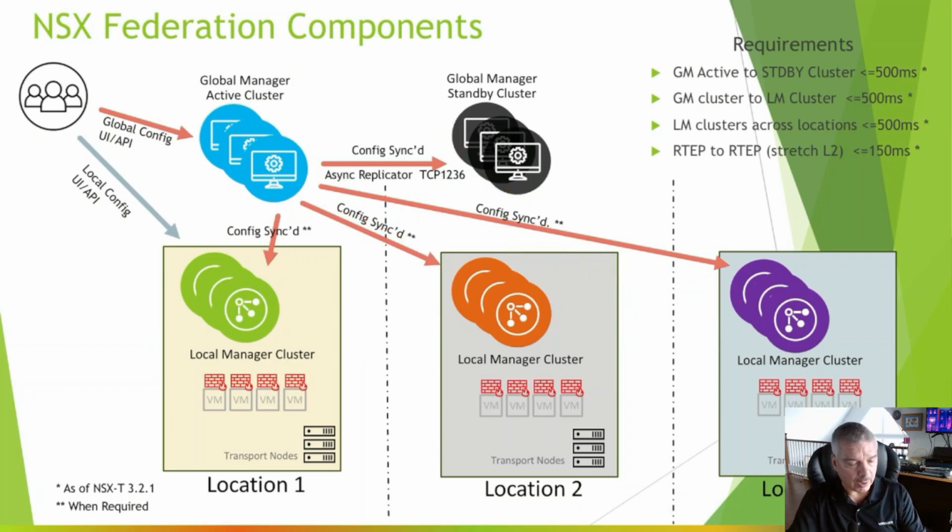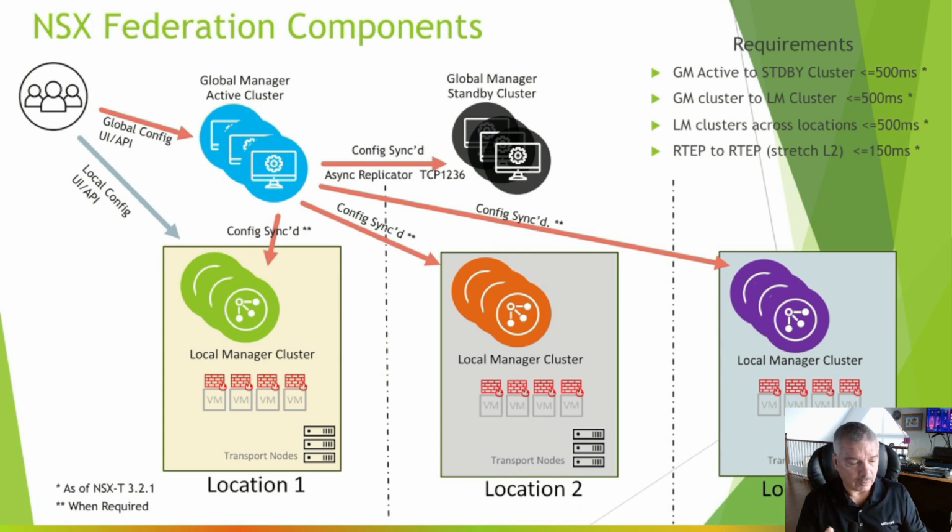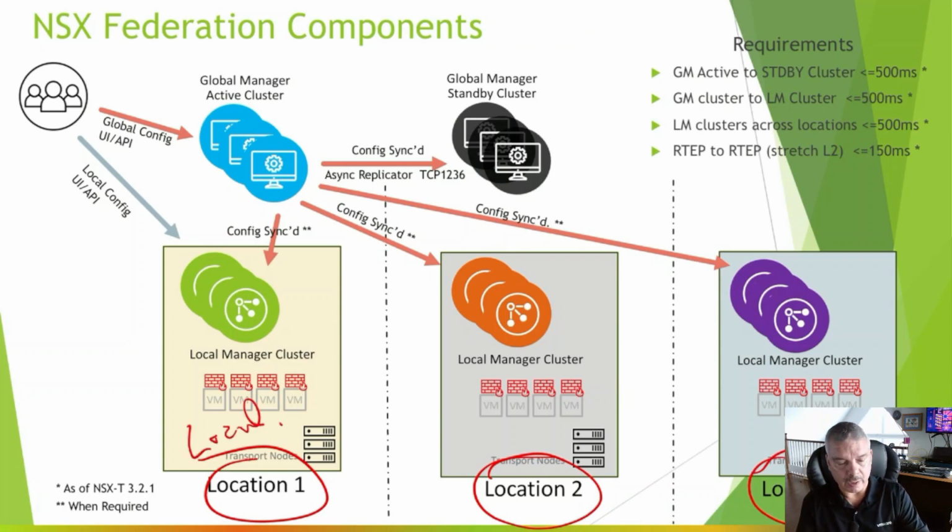Now, I've got a little asterisk here. Basically, it says when required. I mentioned that when you create a global object up here in the global manager, it pushes it down to the local managers. Well, it only pushes it down to local managers that need it. We have a concept of location. So this is location 1, 2, and 3. That's local, so local objects are local. Then you can have regional.